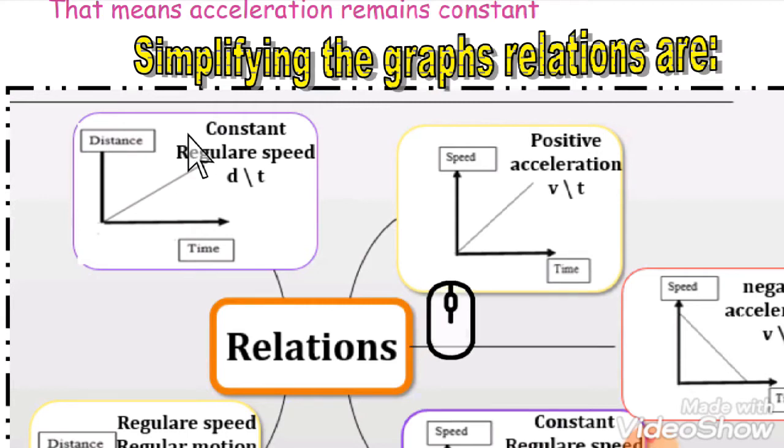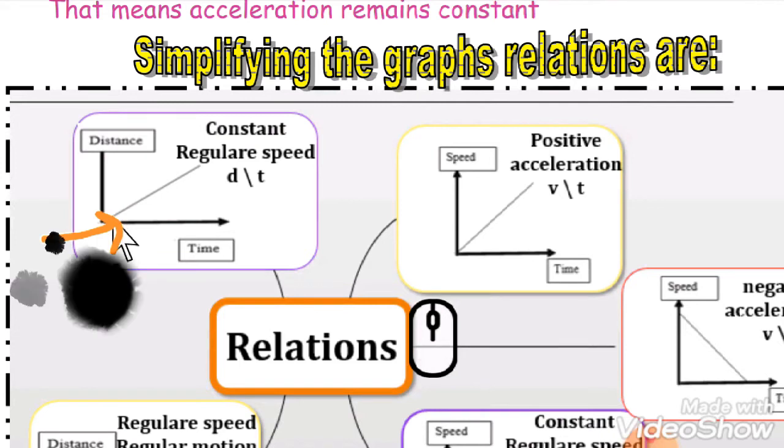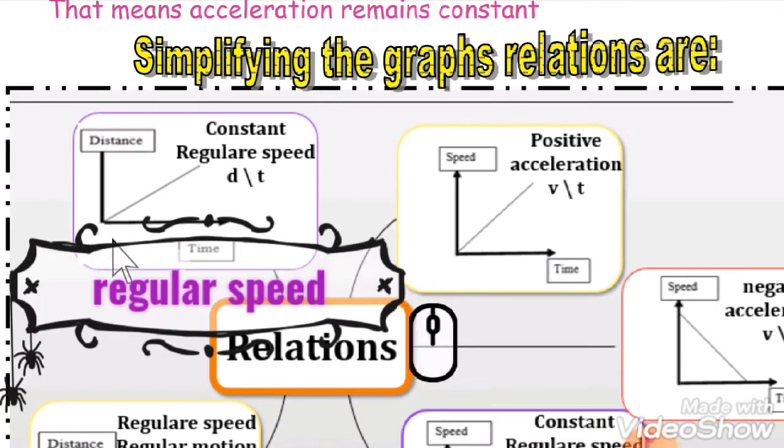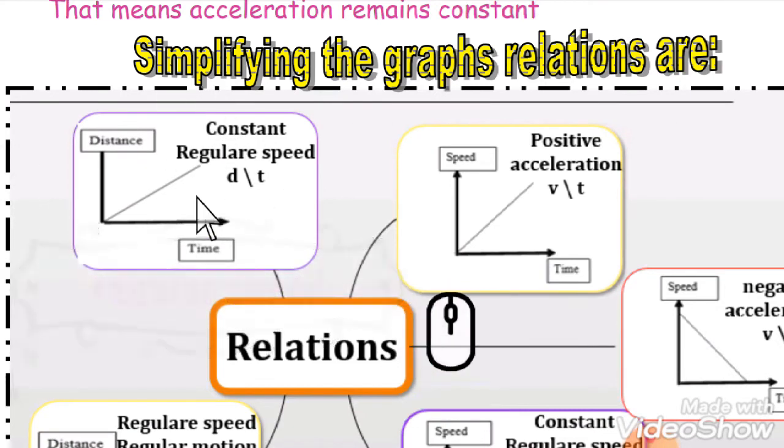If you find the slope is a straight line from the origin, so we have a point here, it's the origin point, and this is increasing, that represents a steady or regular speed. This type of graph represents the regular or uniform or constant type of speed.